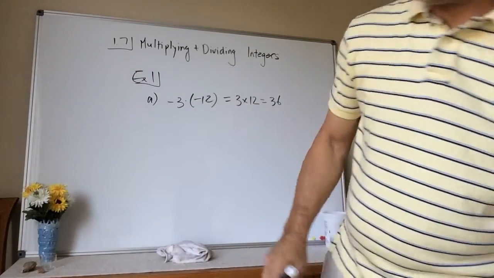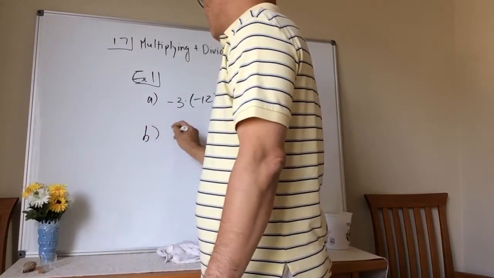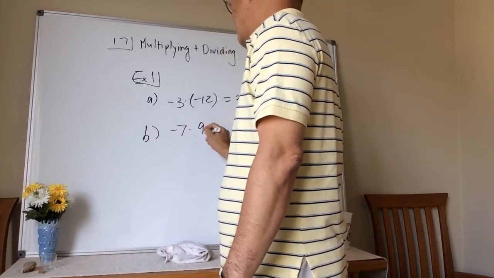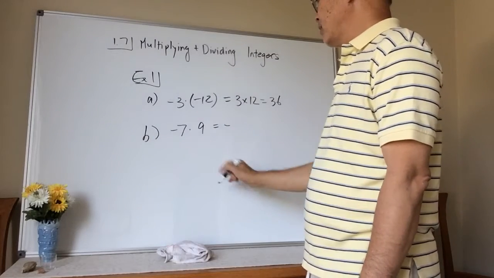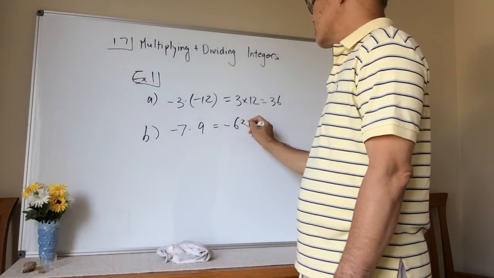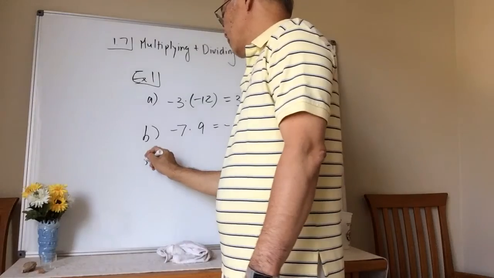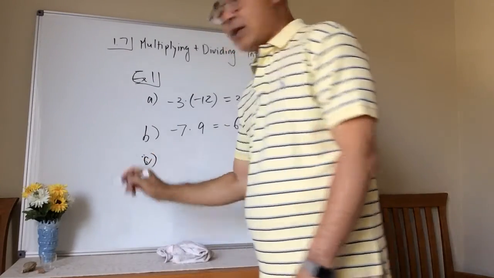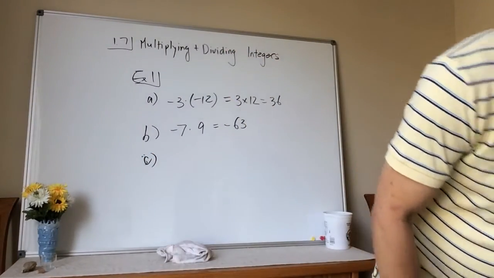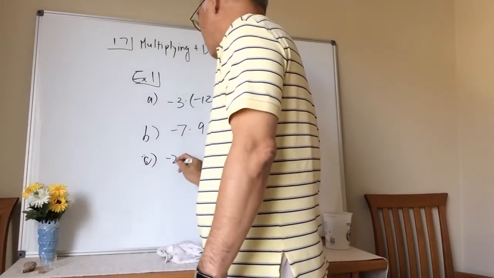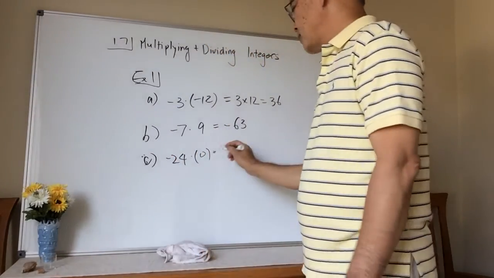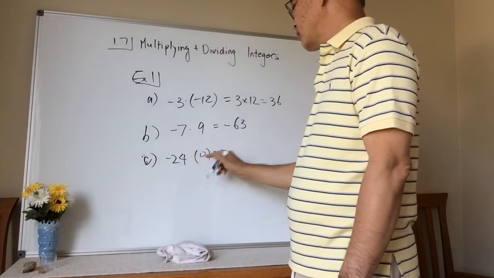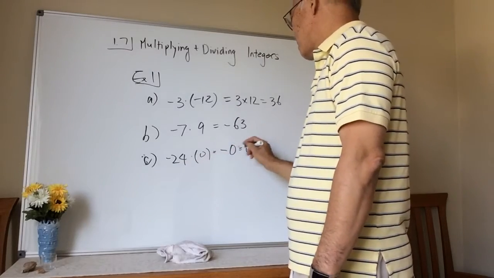B: we have negative 7 times 9. A negative times a positive becomes a negative. 7 times 9 is 63, so negative 63. In C, we have negative 24 times 0, which is 0.